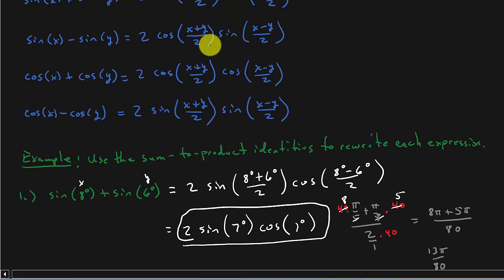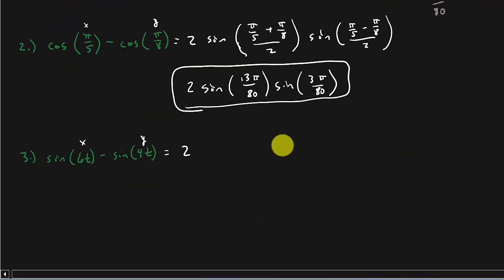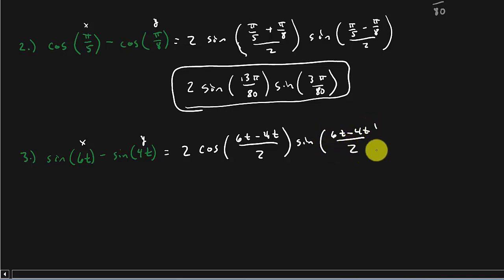There it is. Write it down so you can see it. Pause the video and write it. All right, so that's going to be 2 times cosine of 6t minus 4t over 2 times sine of 6t minus 4t over 2, and that should be a plus, not a minus. Okay.